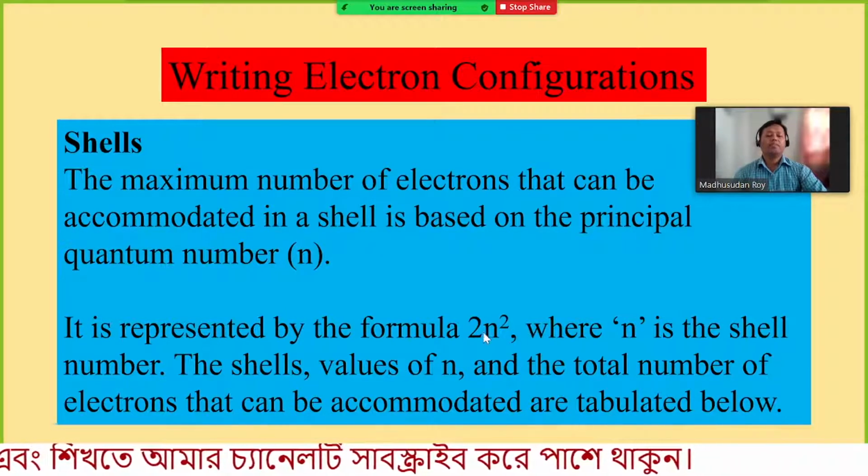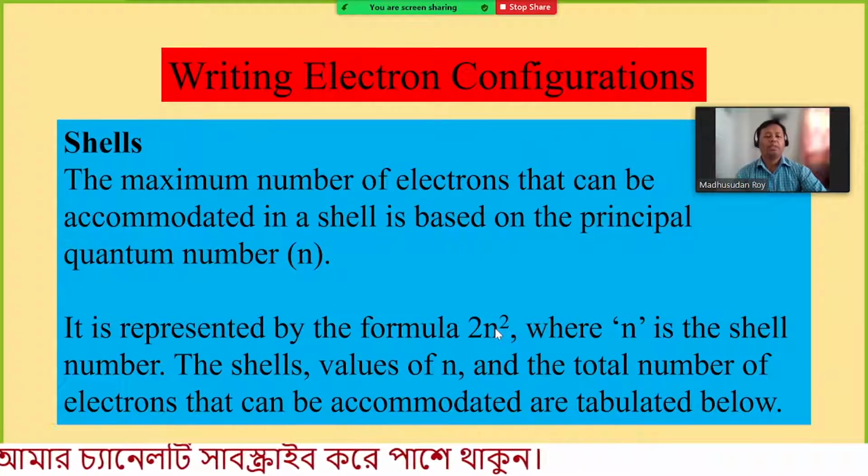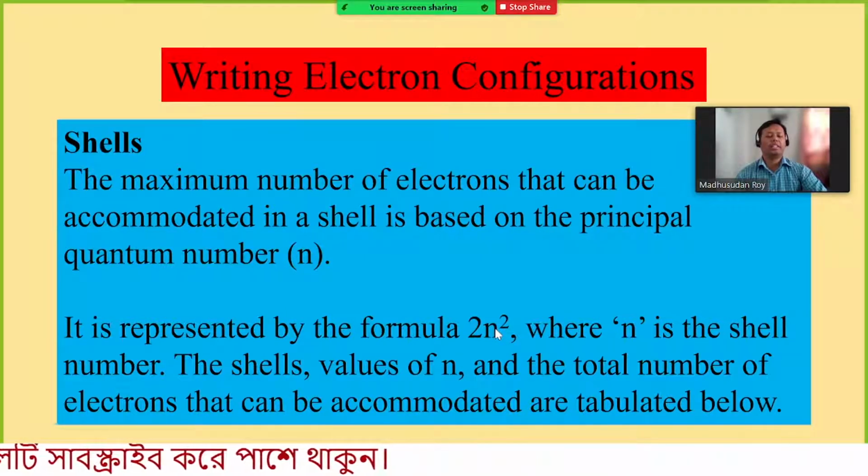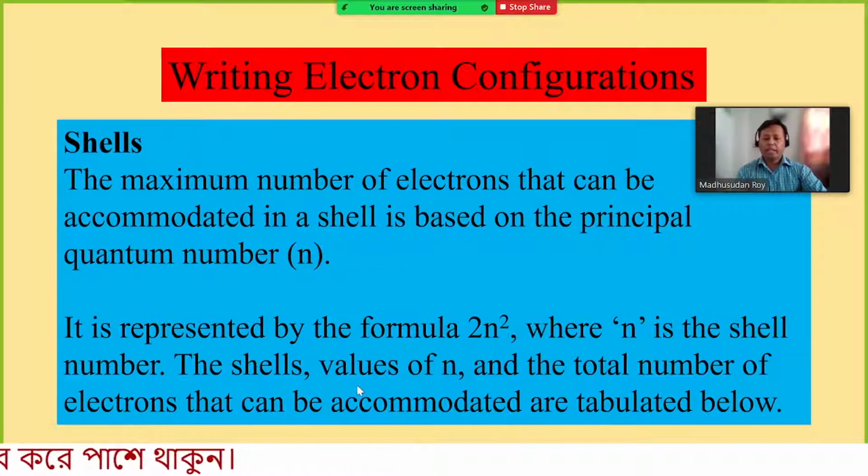n is the number of the shell: first shell, second shell, third shell, and so on. The maximum number of electrons that can be accommodated in a shell is based on the principal quantum number.